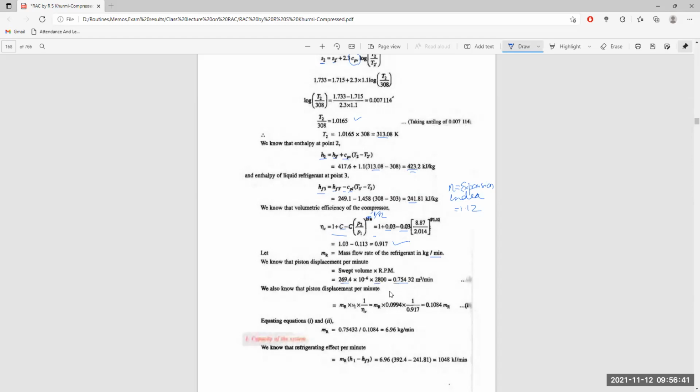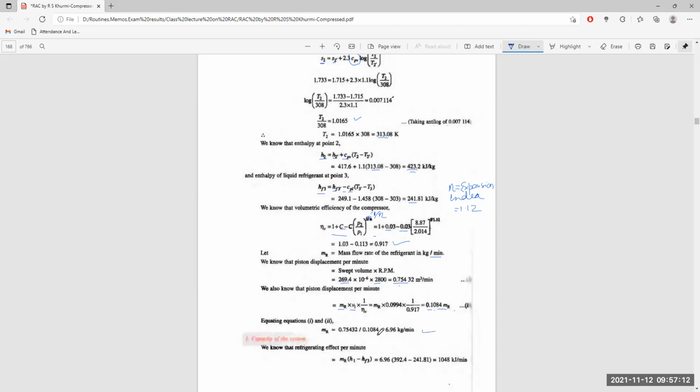Again, there is another way of finding the piston displacement: the mass flow rate multiplied by the specific volume divided by the volumetric efficiency, which is equal to 0.012 per kg. Equating these two equations, we get the mass flow rate as 0.7554 divided by 0.014, which is 6.96.